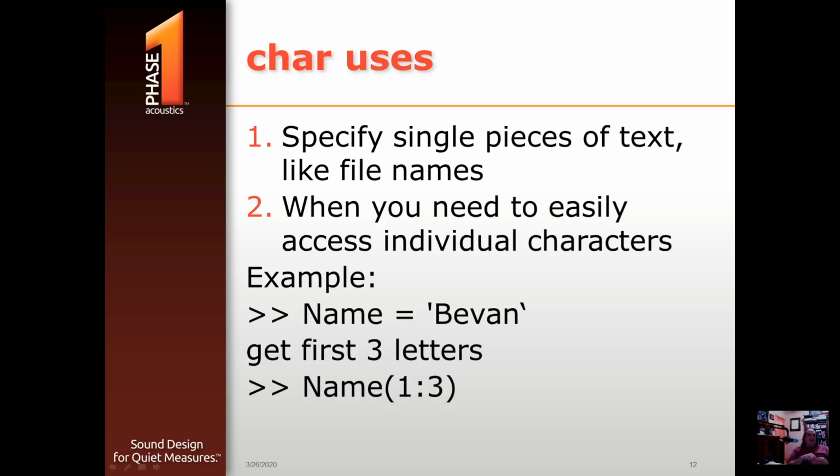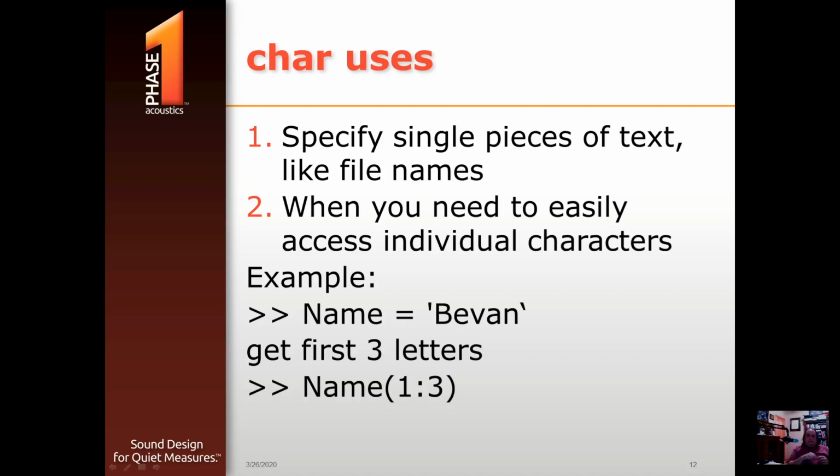So for example, I have the name Bevan. If I want to access the first 3 letters, I could simply use the vector 1 to 3, as if it was a numerical array, and I'd return BEV.